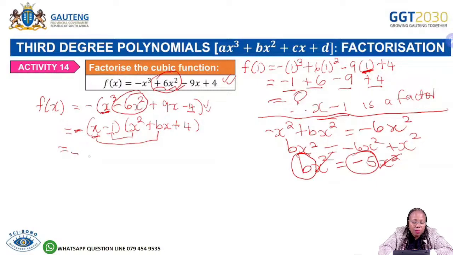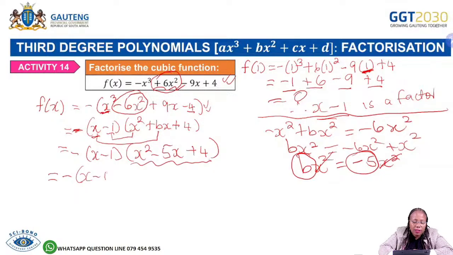Take it to your trinomial, we have negative from here, x minus 1 into x squared minus 5x for b plus 4, close bracket. Now we are going to factorize that trinomial. We have a negative brought down, x minus 1 bringing down, and then now 2 brackets for factorization of this trinomial.